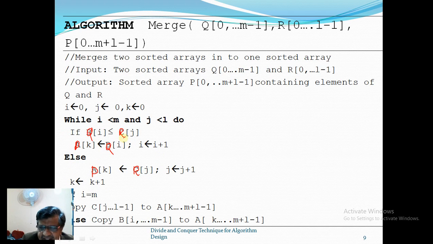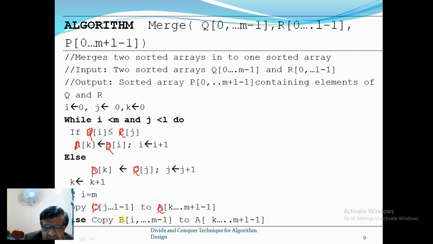Therefore, if the array q gets exhausted, then i will be equal to m. Then in that case you have to copy whatever remains in r, actually this is r, whatever remains in r.